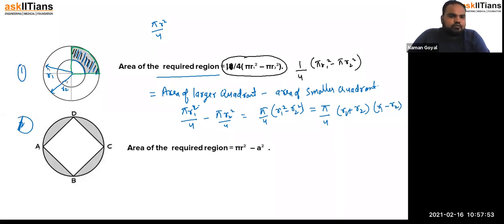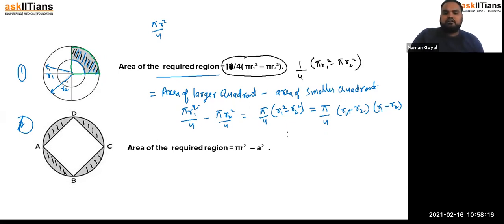Now the second one. Now the question is asking for this area. Now tell me, the quadrilateral ABCD is a square.